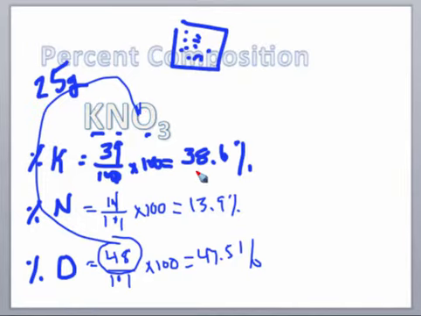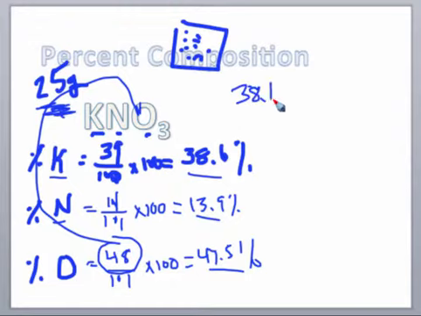Okay, so if we know our sample is 38.6% potassium, then 38.6% of that 25 grams has to be potassium. 13.9% of this sample will be nitrogen, and 47.5% of this sample will be oxygen. So to figure that out, we're going to use our basic math. 38.6% of 25, and remember when we say of in math, we mean times.